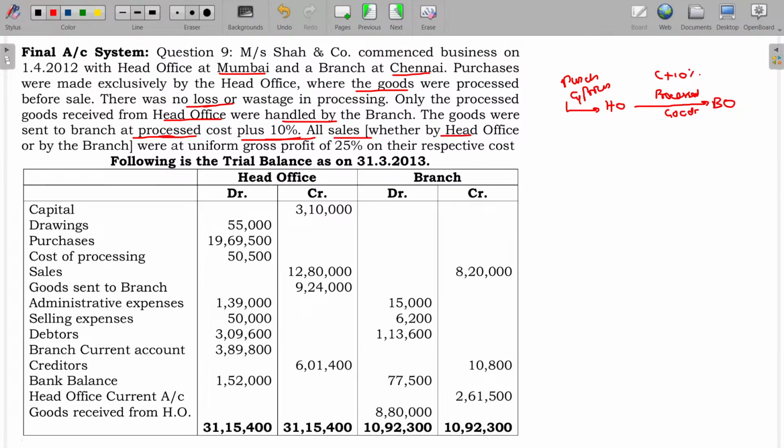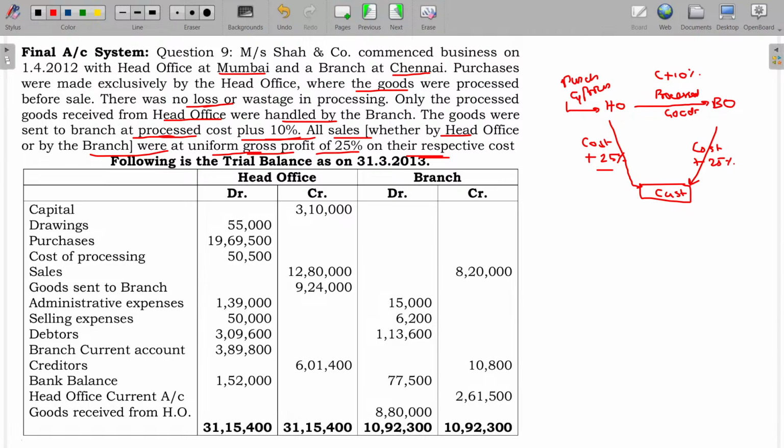All sales, whether by head office or by the branch, were at uniform gross profit of 25% on their respective cost. If the goods are sold to customers, this will be cost to their concern plus 25%. Similarly here also, cost to them plus 25%.